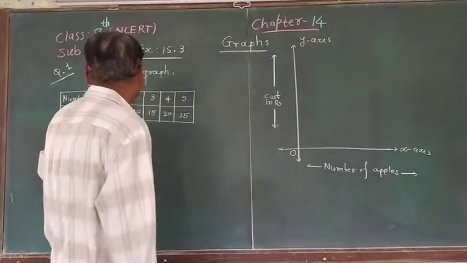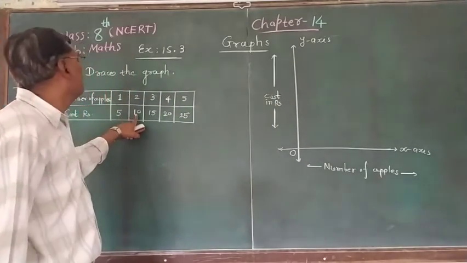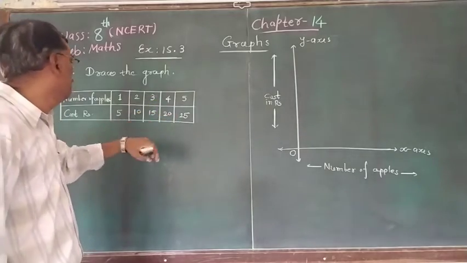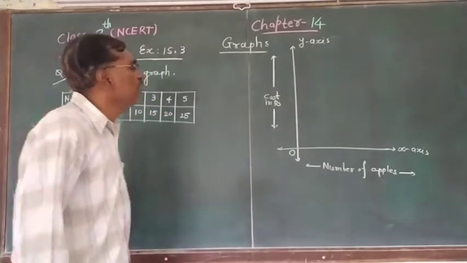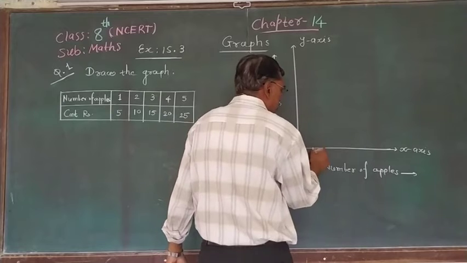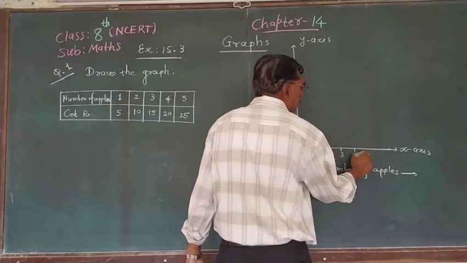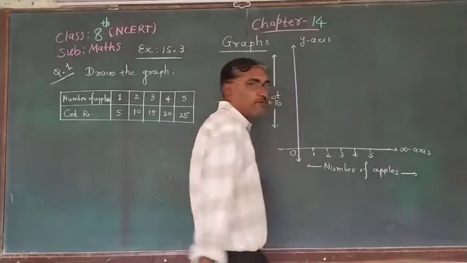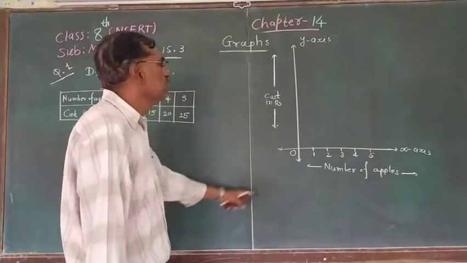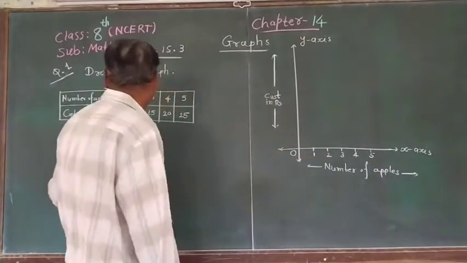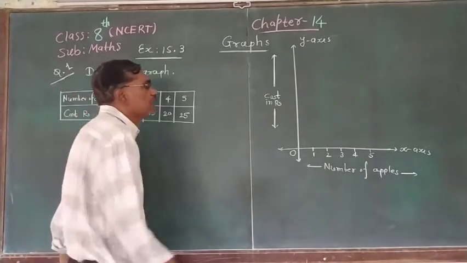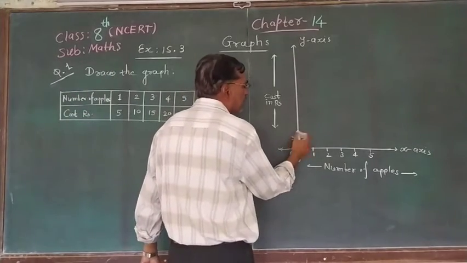Cost we know is 5 rupees, 10 rupees, 15, 20, 25. Number of apples 1, 2, 3, 4, 5. Okay, this is the number of apples. And here is the cost, 5, so we can take 5.